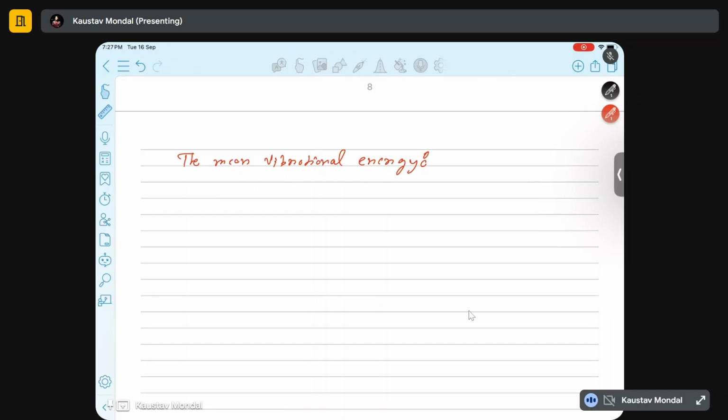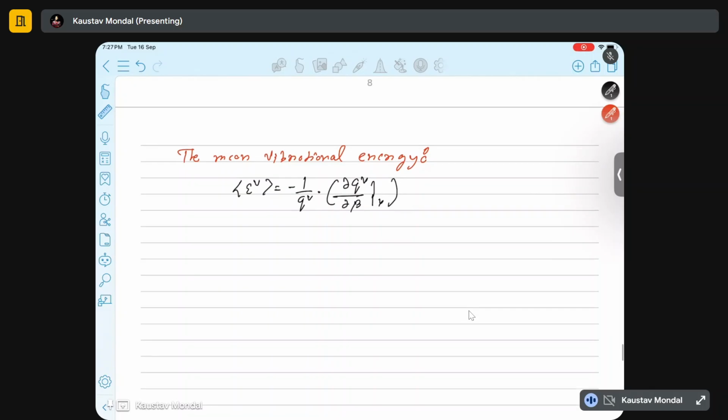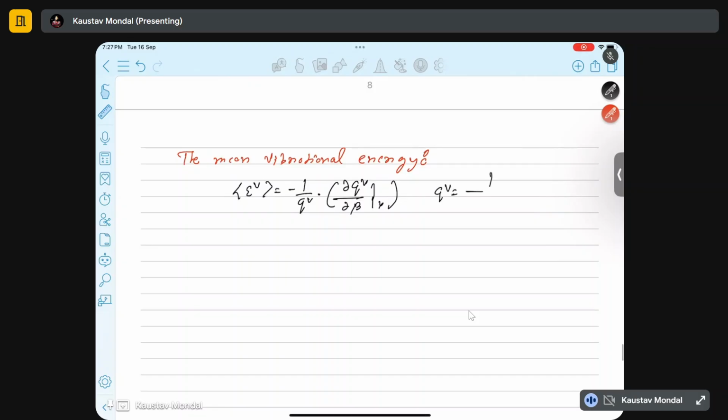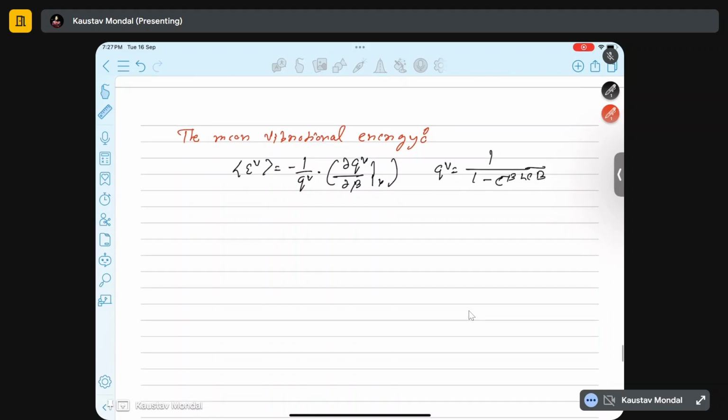For the mean vibrational energy, we have to do the same way here also. EV is 1 by QV into del QV by del beta at constant volume. Now QV is given by 1 by 1 minus e to the power minus beta hc nu tilde. First do the derivative.